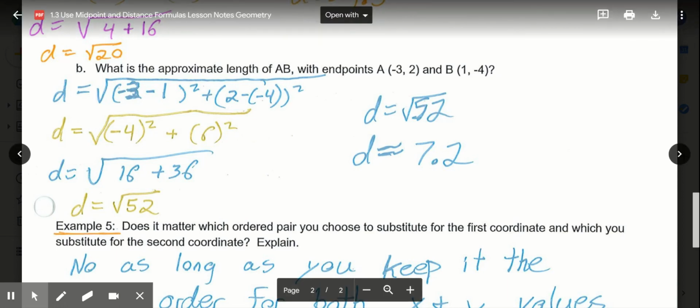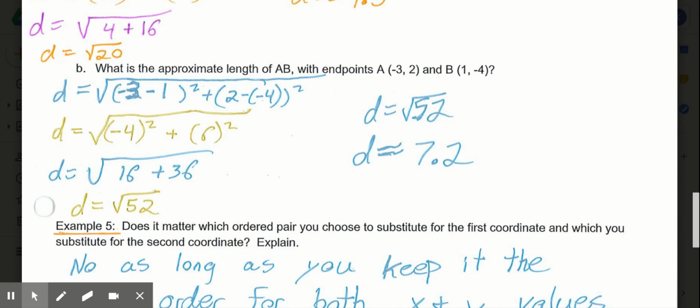Do our addition. 16 plus 36 is 52. So our distance is equal to the square root of 52. So our exact distance would be the square root of 52. To get our approximate length, we type square root of 52 into our calculator, and our distance is approximately 7.2.